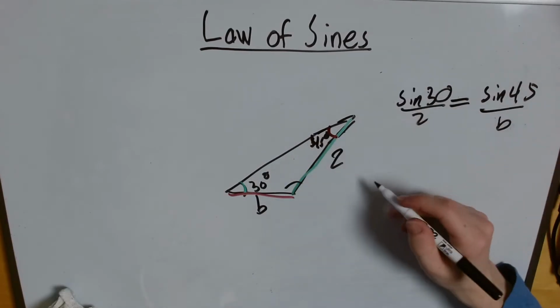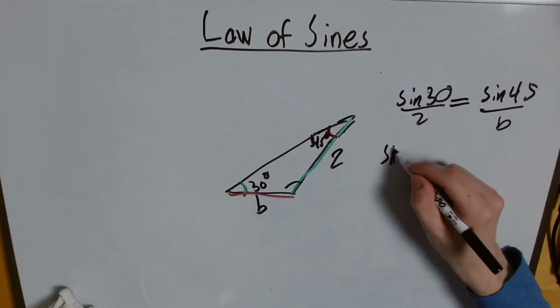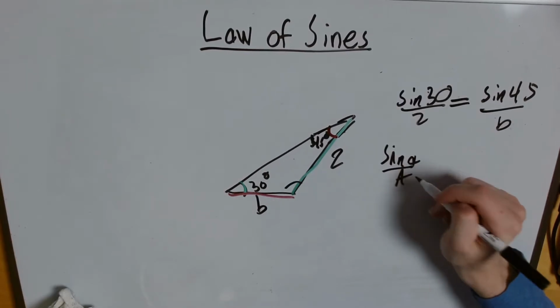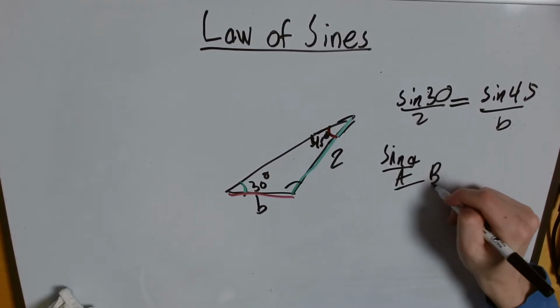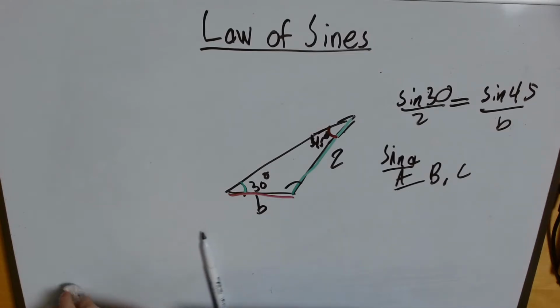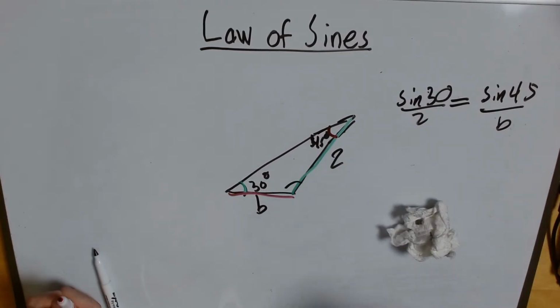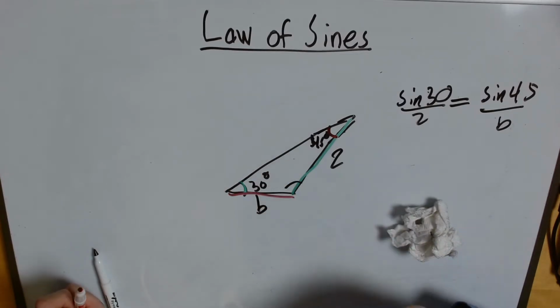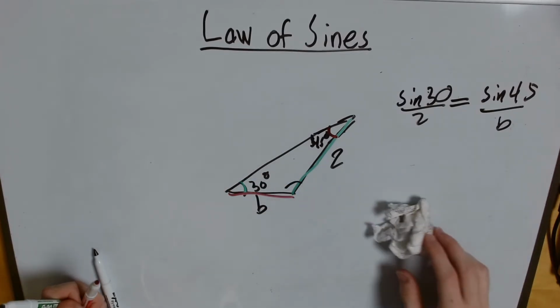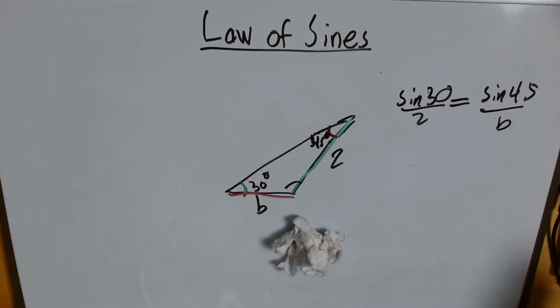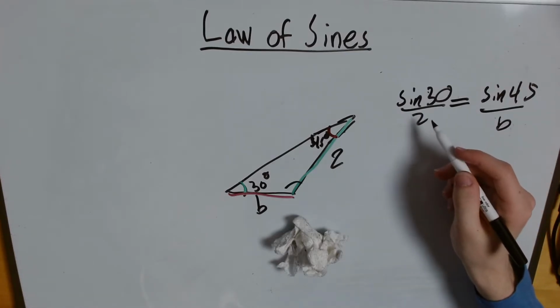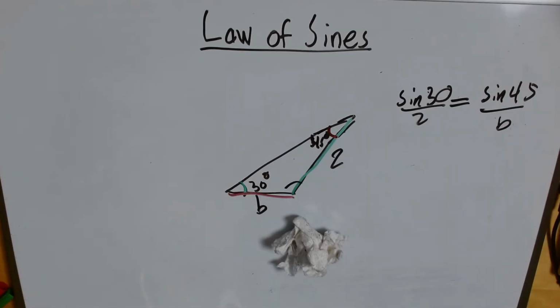And it doesn't really matter which one is A or B or C. The individual variable names don't really matter. All that matters is that you're using the corresponding angles and side lengths, which are always going to be opposite from each other. So let's actually go ahead and solve this problem. All right, the sine of 30, that's a common trigonometric function value.